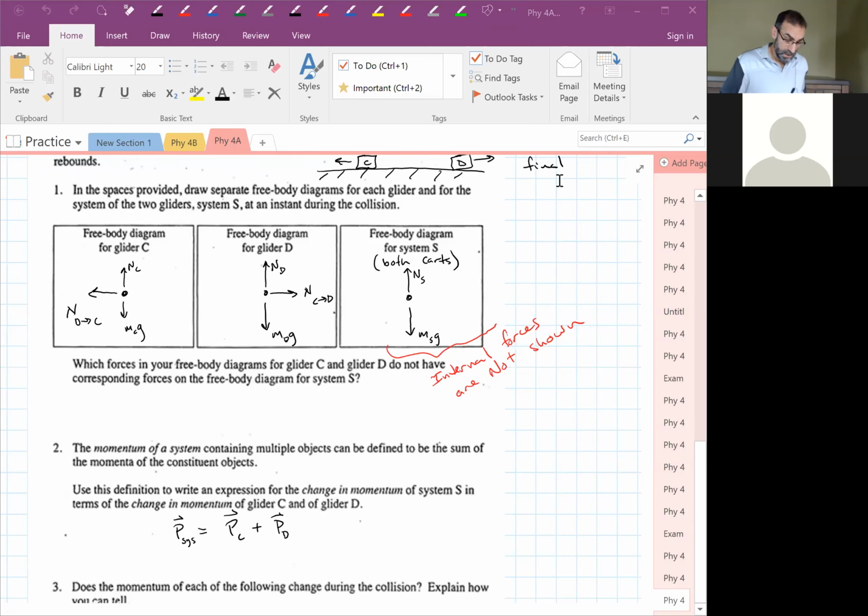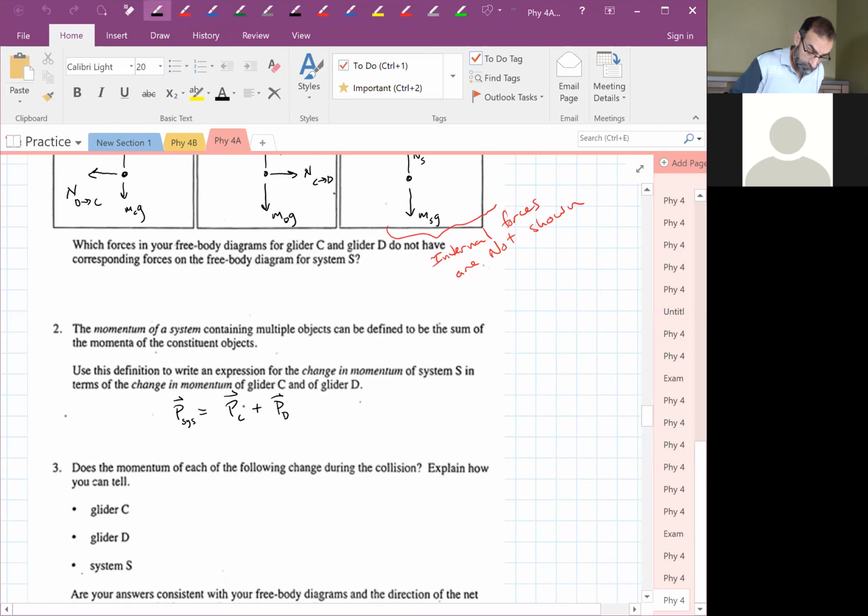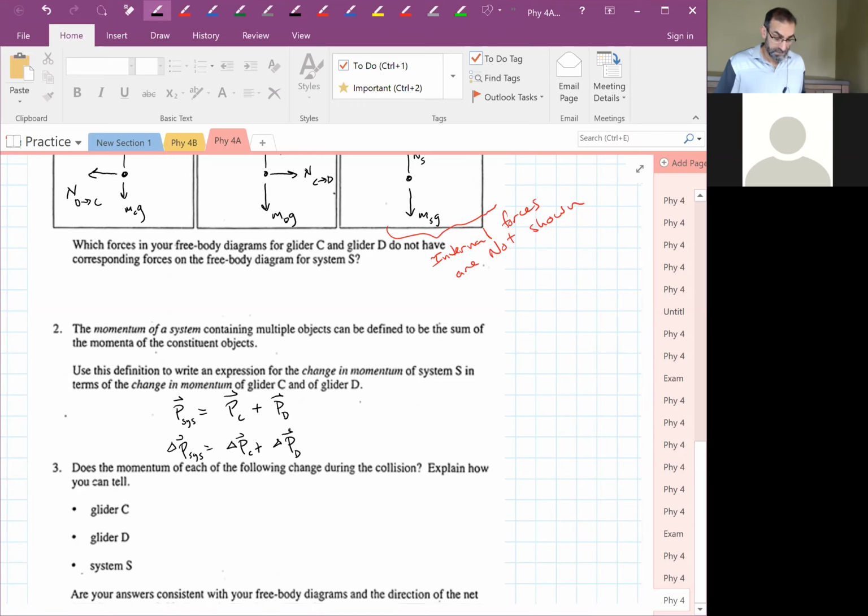Okay. So the change in momentum of the system would be the change in momentum of C plus the change in momentum of D. We okay with that? You see where I'm going with this? C and D are colliding with each other. The change in momentum of C, how does that compare to D?